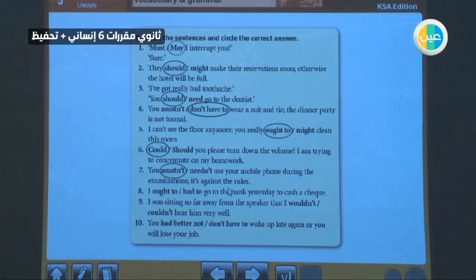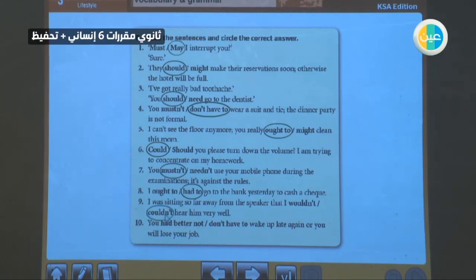I ought to or had to go to the bank yesterday to cash a check. So, for example, you had to go to a bank if you want to cash a check. I was sitting so far away from the speaker that I wouldn't or couldn't hear him very well.